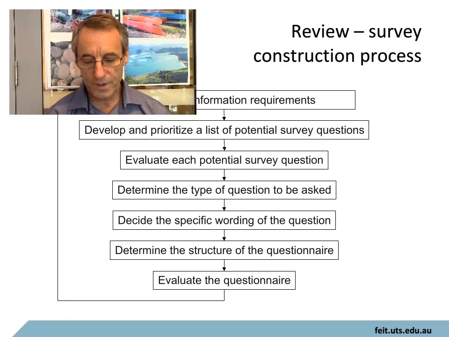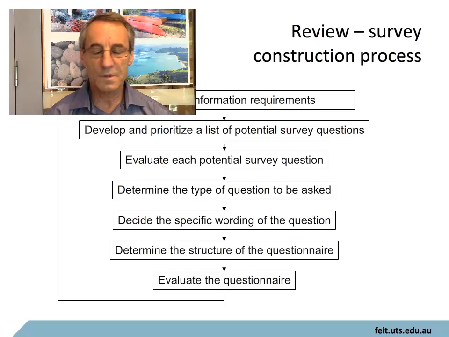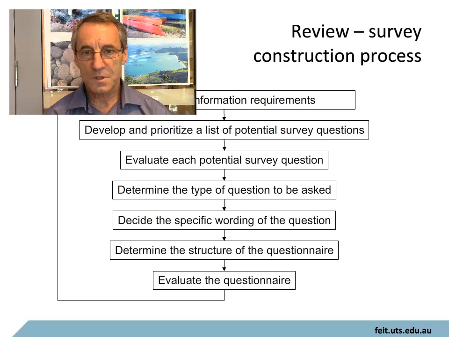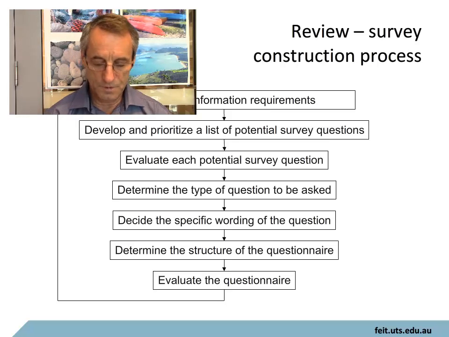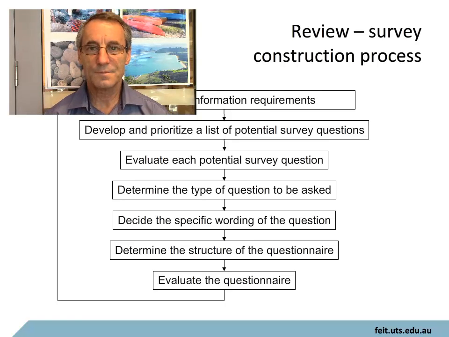You evaluate each potential survey question. You determine the type of question to be asked, open, closed, and if so, what answers you want. Decide the specific wording of the question. Determine the structure of the questionnaire. Now go and evaluate it. Go and check it out. Test it out. So the next piece is to evaluate the questionnaire.